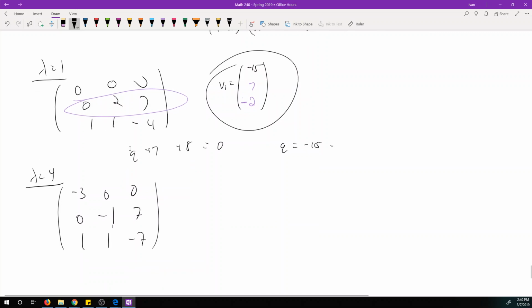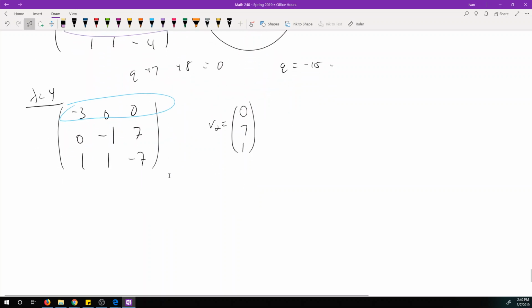Okay. So same idea. I think this one, though, is a little easier to find because this first row tells you immediately that this first entry has to be 0, because there's nothing to kill off the 3 otherwise. And then 7, 1 finishes that one off.